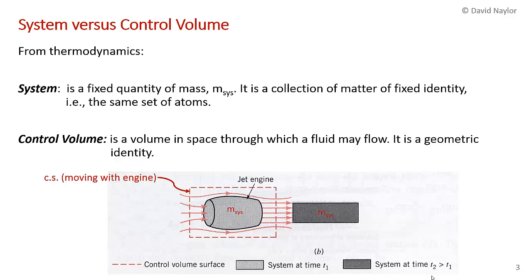So we've got flow in and out of our control volume, whereas if you looked at the mass in the engine at some time t1, a few moments later, at time t2, that mass would have moved outside the engine. So from this simple example, you can see the difference between keeping track of a fixed parcel of matter, which is a systems approach, versus looking at flows in and out, which is a control volume approach.